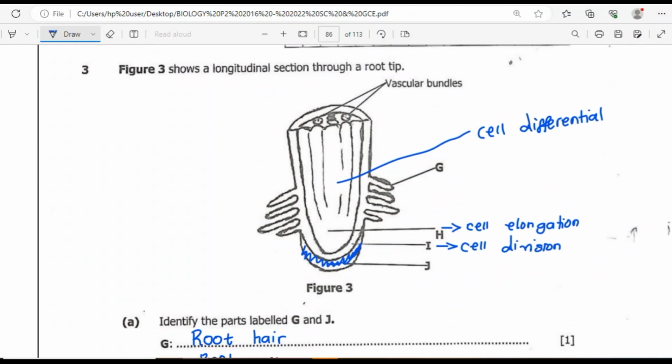So cell differentiation is region H. Since they have mentioned that, we take H as cell differentiation. But in between cell differentiation and cell division, we have cell elongation. Since cell division is here, cell elongation should be here. So the first one is cell division, then cell elongation, then cell specialization.